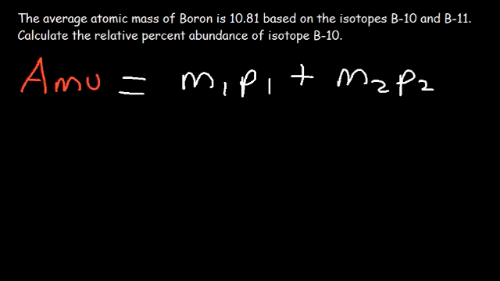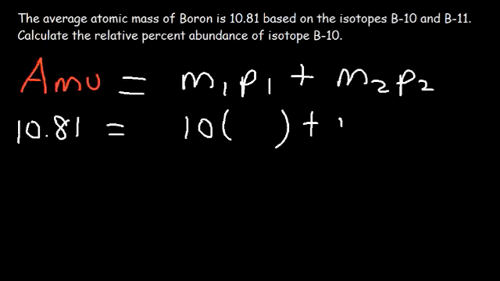So we know the average, it's 10.81, and the mass of the first isotope is 10, and the mass of the second one is 11. Now, since we're looking for the relative percent abundance of isotope B10, we're going to make P1 equal to X.